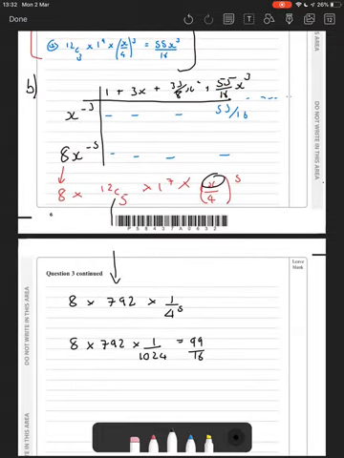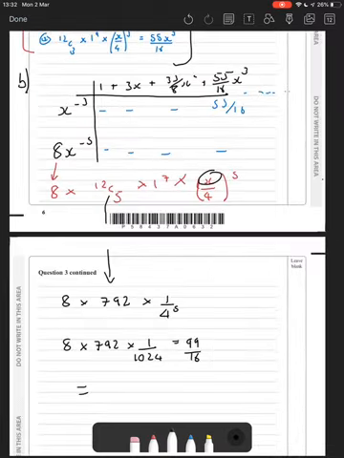Okay, so we've nearly finished with our question here. What we need to be doing now is just tidying that up a little bit. So we've got this 99 over 16, which is going to be one of our terms. So let's have a look. We're looking for the term independent of x.